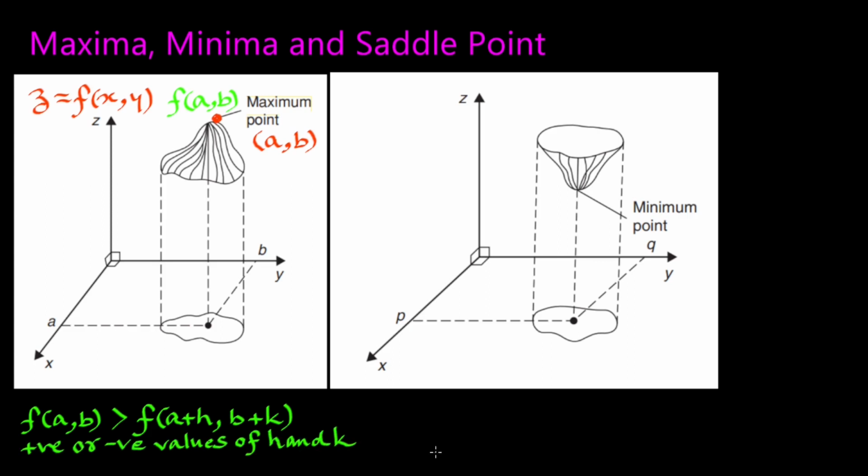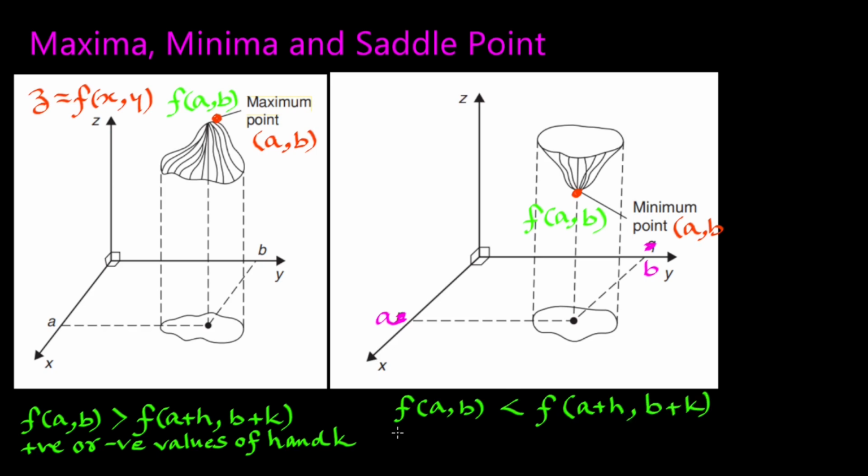Minima is similarly defined, except that at point (a,b), f(a,b) is smaller than at any other point in the immediate vicinity of (a,b). That is, f(a,b) is smaller than f(a+h,b+k) for small positive or negative values of h and k.